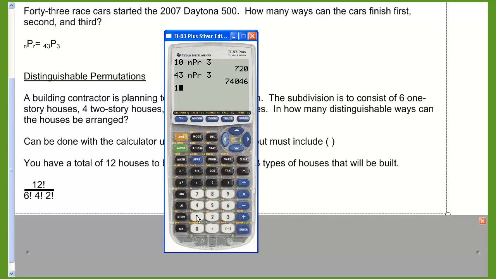You're going to press 12, math, over to probability, and down to factorial. Even though factorial is a type of permutation, it has to be done this way. And we're going to press enter, and then we're going to put the divided by sign, and then we're going to do 6, and we need parentheses. Let me back up.